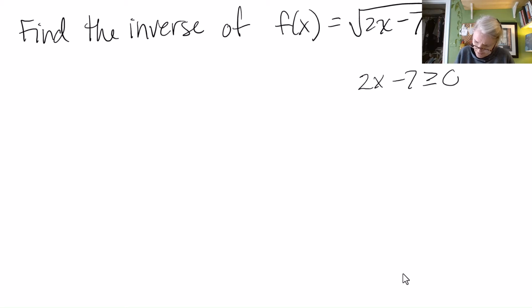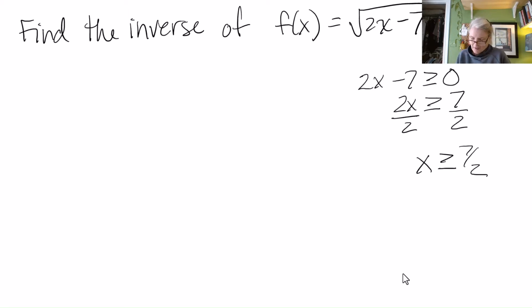It has to be greater than or equal to 0. And if I solve that, they might say something like this. And that x greater than or equal to 7/2 is just saying that that's the domain for this radical function.